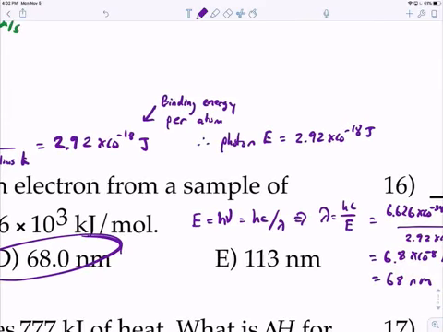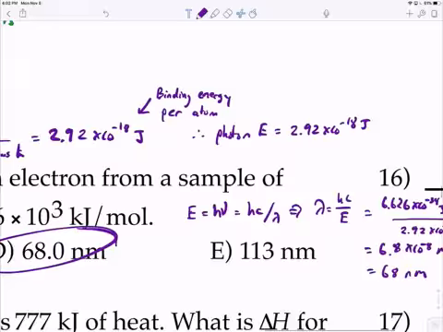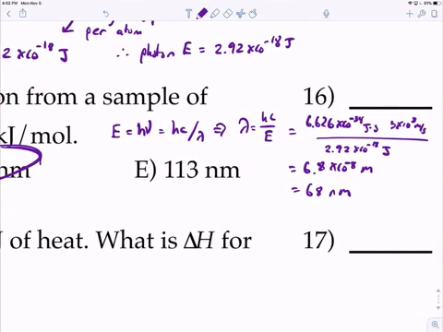Therefore, the photon needs to have at least that much energy. So the energy of the photon is Planck's constant times the frequency, which equals Planck's constant times the speed of light over the wavelength, which implies the wavelength is Planck's constant times the speed of light divided by the energy. Plug in those numbers, and we get 68 nanometers.